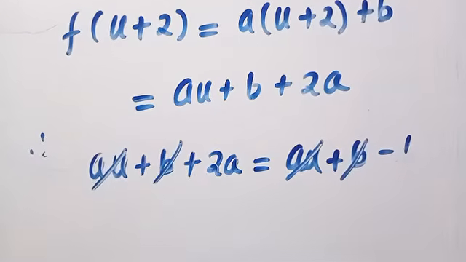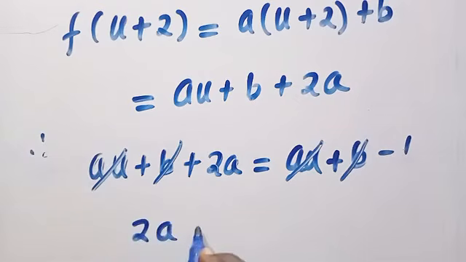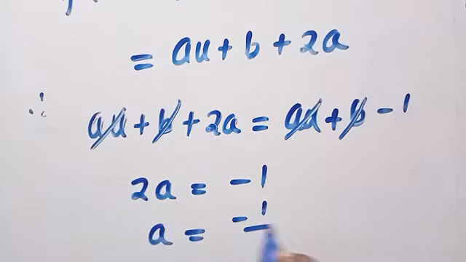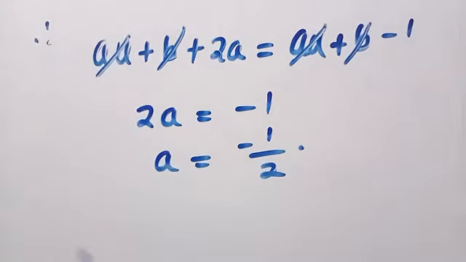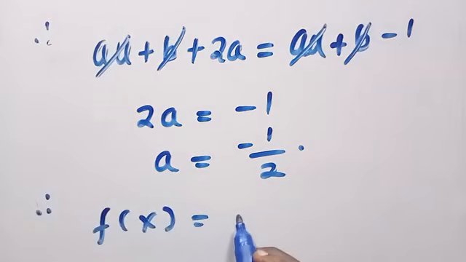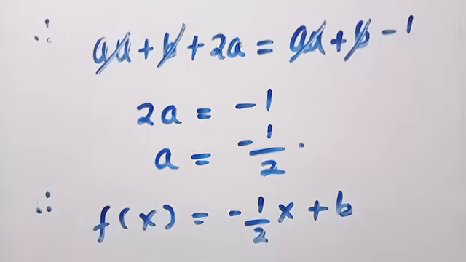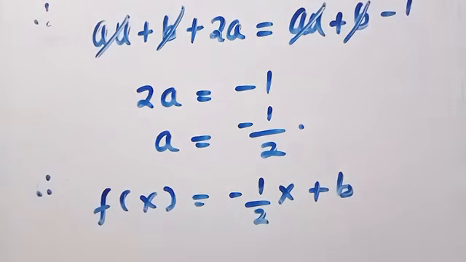When these two negate each other, we are going to have 2a equals minus 1, which draws the conclusion that a equals minus 1 divided by 2. And when we substitute this back, we are going to have f of x equals minus 1 over 2 x plus b. b here is an arbitrary constant, and we just leave it like that.